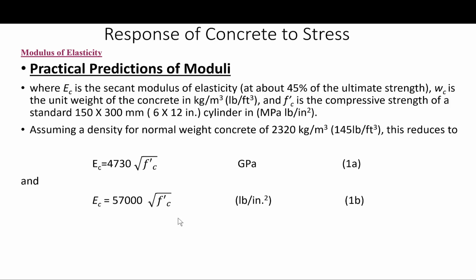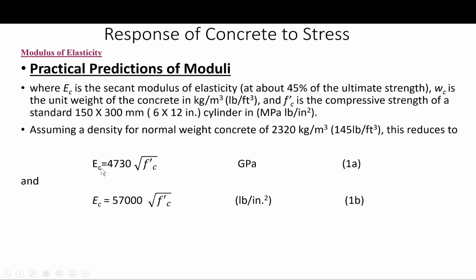Of course, assuming a density for normal weight concrete of about 2,320 kilograms per cubic meter or 145 pounds per cubic foot, the equations I presented earlier reduce to these expressions.